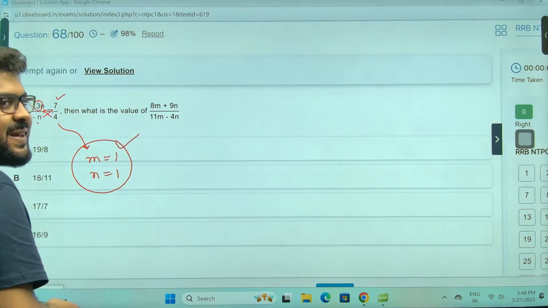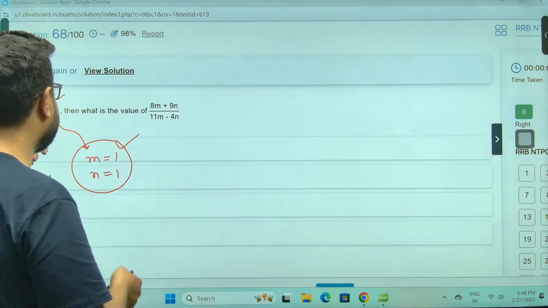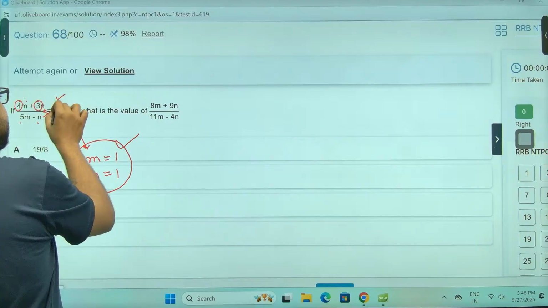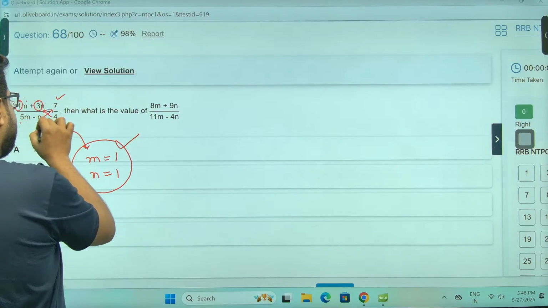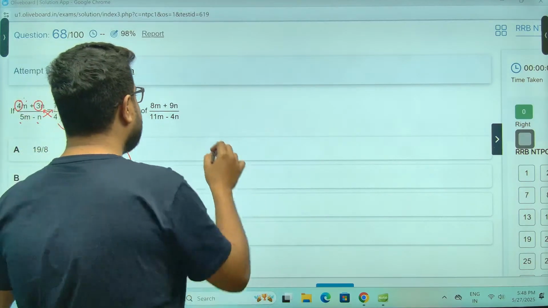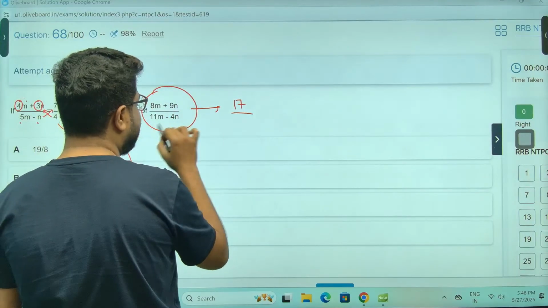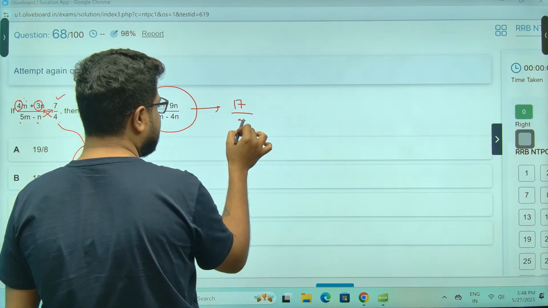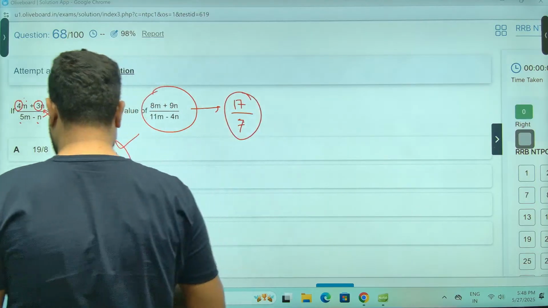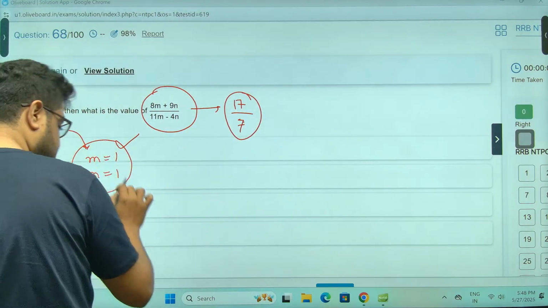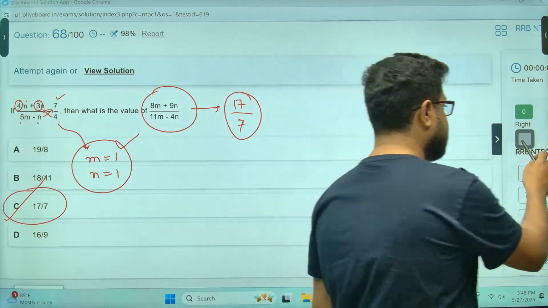You see, this is satisfying the equation. So the answer will be 8 plus 9, 17, by 11 minus 4, which is 7. 17 by 7, option C is your correct answer.